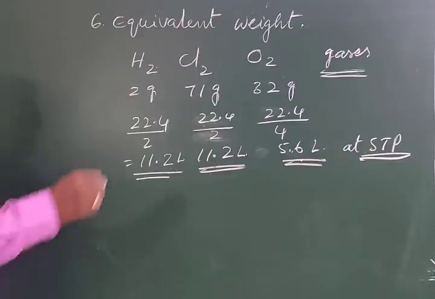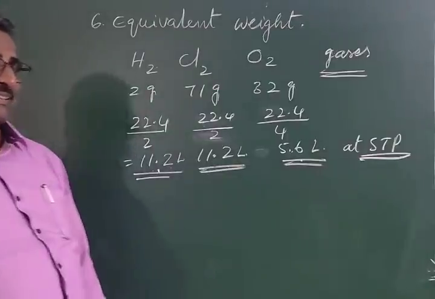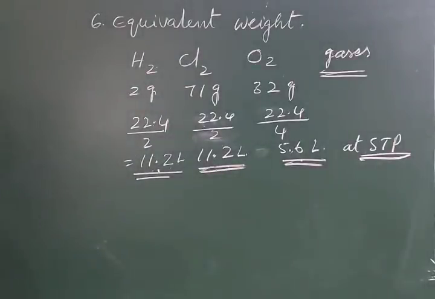So the amount of substance that can combine with or liberate 11.2 liters of hydrogen is said to be one equivalent weight of the substance. In the same way, the amount of substance in grams that can liberate or combine with 11.2 liters of chlorine at STP, or 5.6 liters of oxygen at STP, is said to be one gram equivalent of the substance. If gram is removed, it is said to be the equivalent weight.